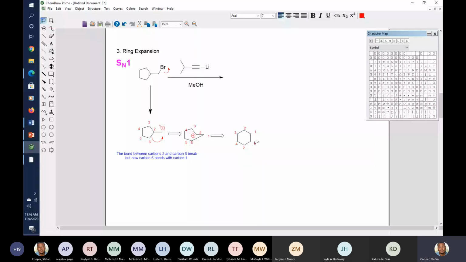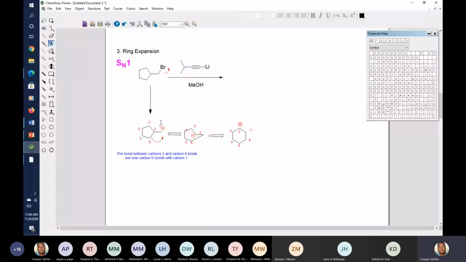Well, now carbon 2 has gained a plus charge, right? So let's look at the difference here. Why is this productive? Does anybody have a clue of why this would be a productive move here?